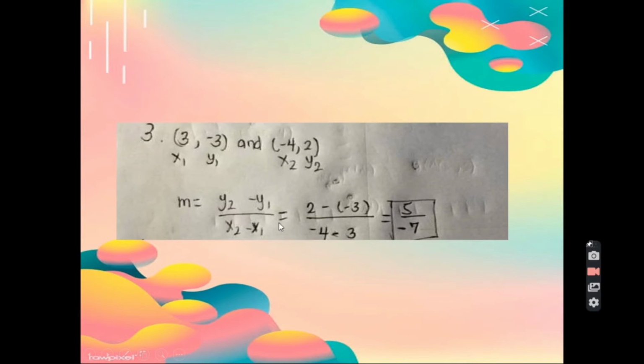And then, apply the formula. So, y sub 2 is positive 2, kaya po positive 2, yan. Then, minus, y sub 1 is negative 3. Ayan. Then, x sub 2 natin is negative 4, minus, our x sub 1 is positive 3.